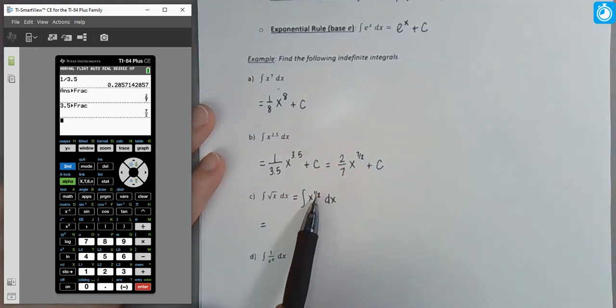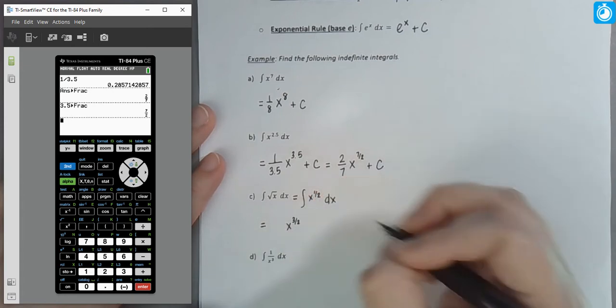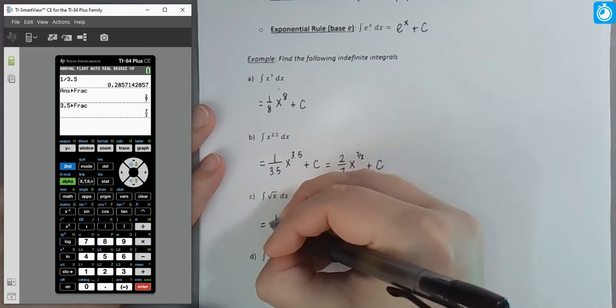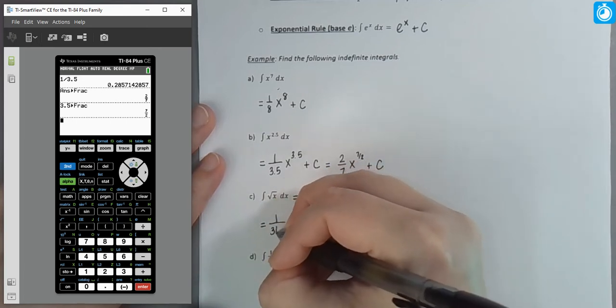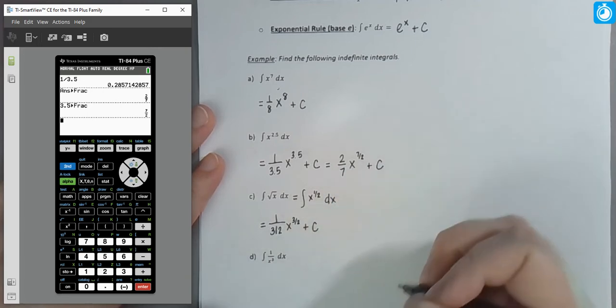So increase the exponent by 1. What would that look like? Well, if we increase 1/2 by 1, we're adding on 2 over 2, which would take 1/2 to 3 over 2. And then we're going to divide by that new exponent, or multiply by 1 over that exponent, plus c.